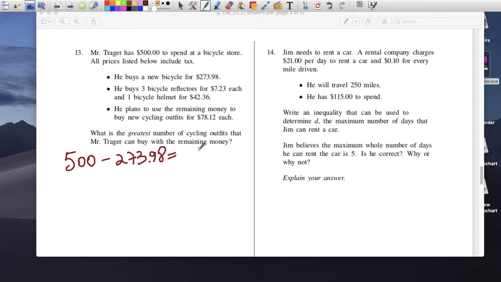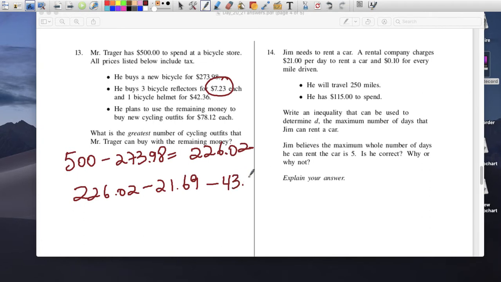So he has this much left over. So once he has this much left over, he's going to buy 3 bicycle reflectors and multiply 723 times 3. It's going to be 2169, so let's subtract that. And we also got to subtract the helmet, which is 42.36.